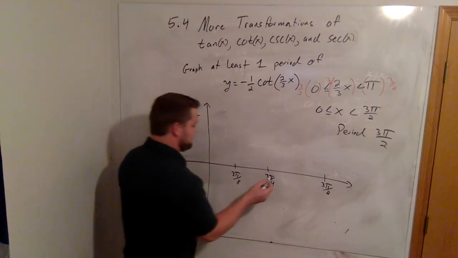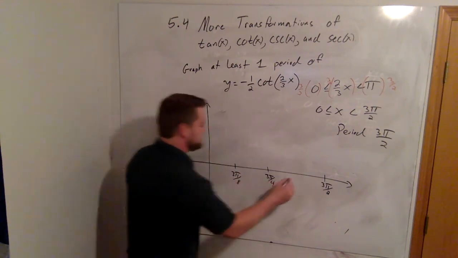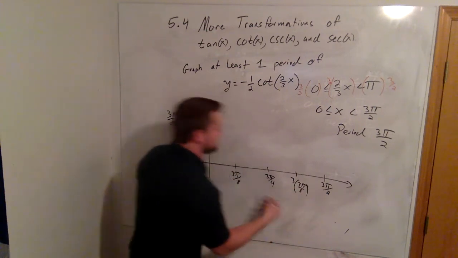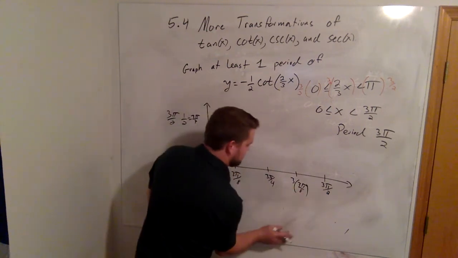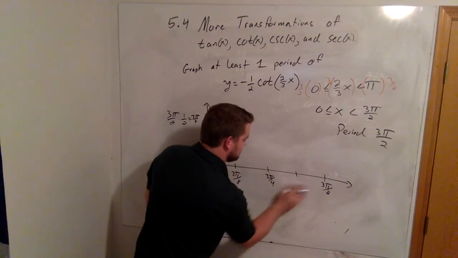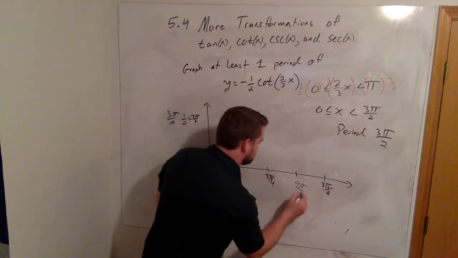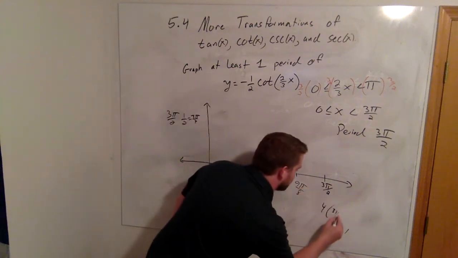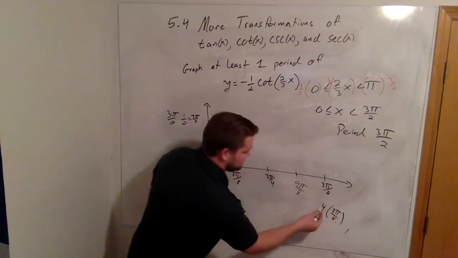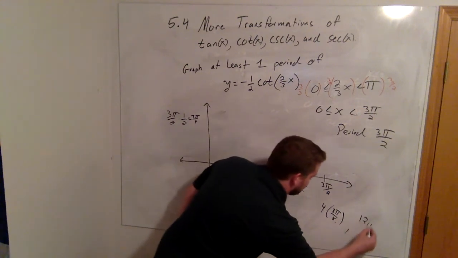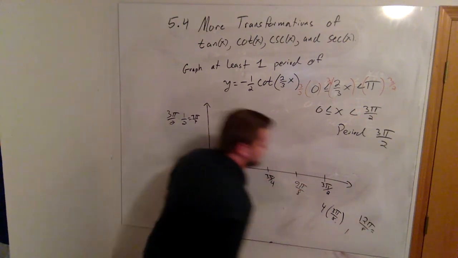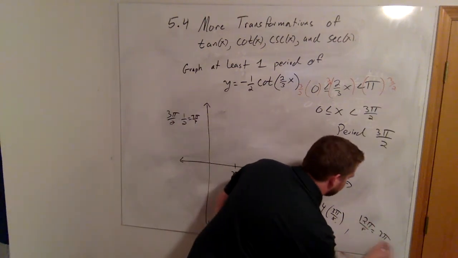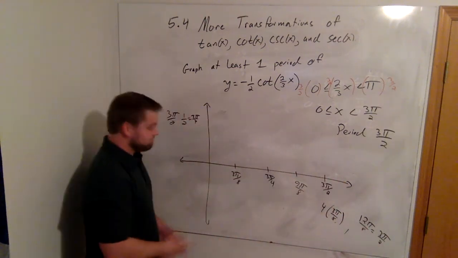One 3pi/8, two of these. Now this will be 3pi/8 more, so I'll be at 9pi/8. Notice that if this was 4 of the 3pi/8s, this would be 12pi/8, which reduces, 4 goes into there 3 times, to 3pi/2, so we get the same thing.